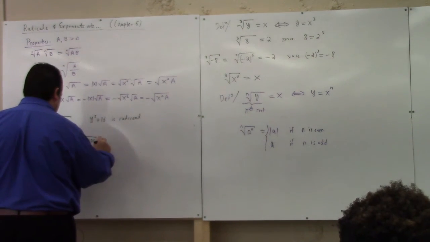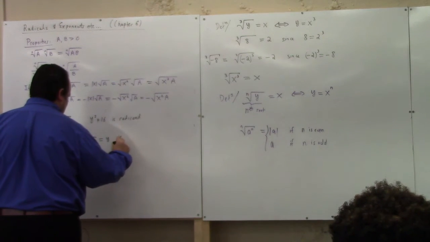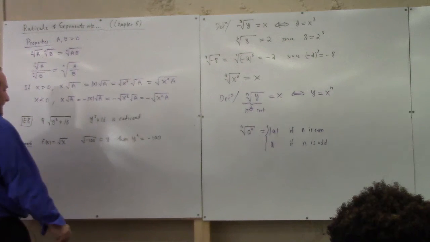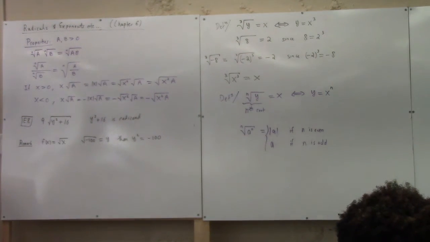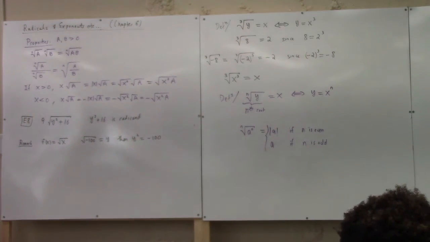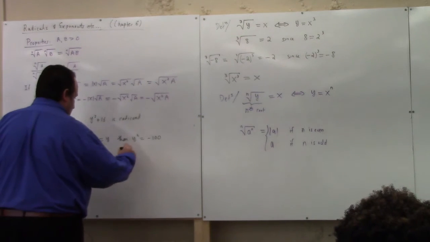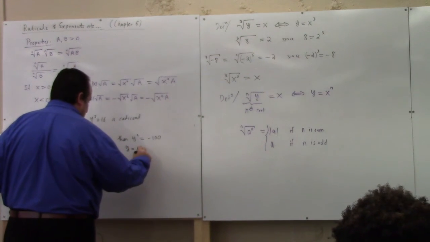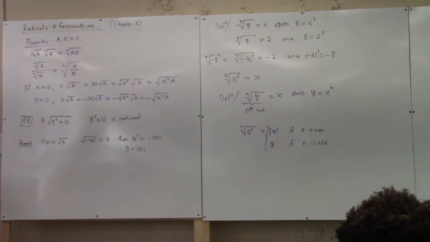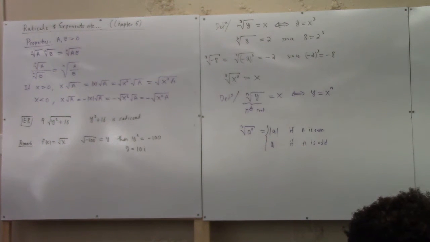So if this is equal to y, then y squared is equal to minus 100. Can you find a real number that squares to give minus 100? You cannot. You'd need y equal to 10 times i, where i is the square root of minus 1. Is that a real number? It is not, so this is not allowed.